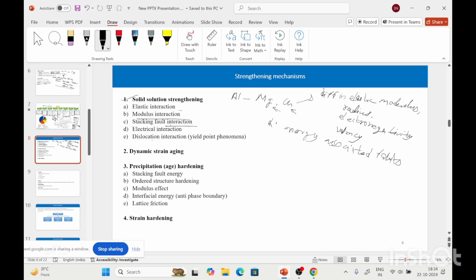Next is the dislocation interaction, meaning the alloying elements can also interact with dislocations.